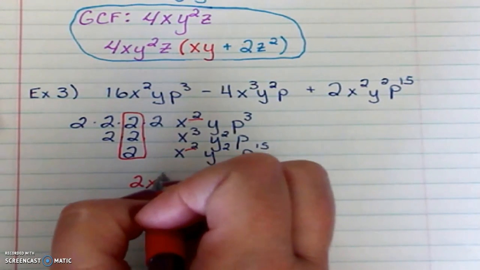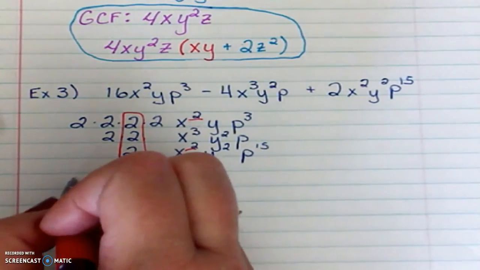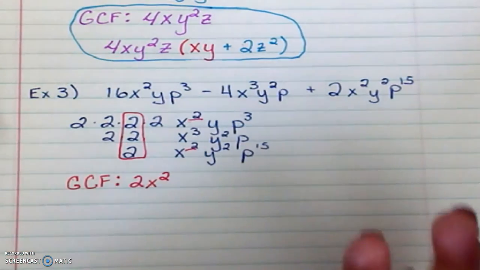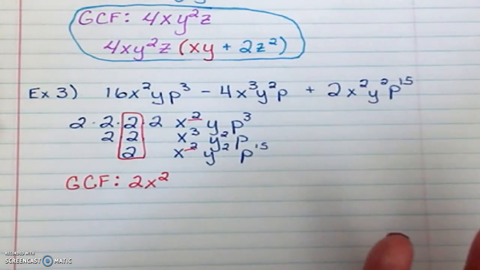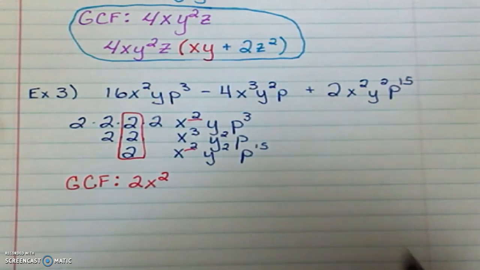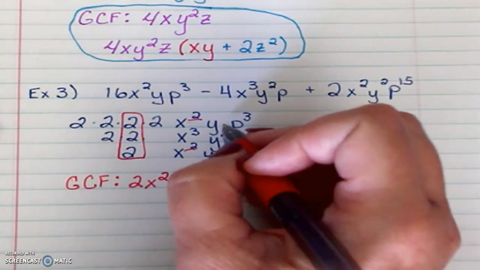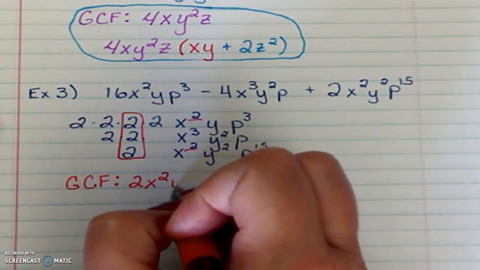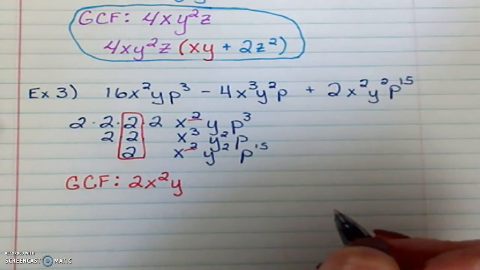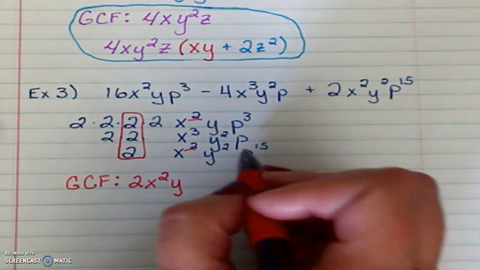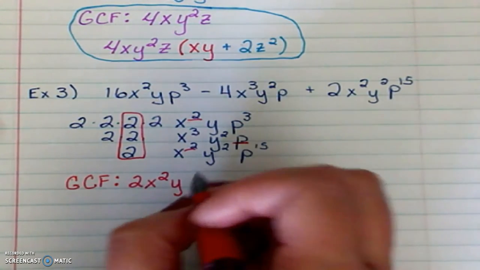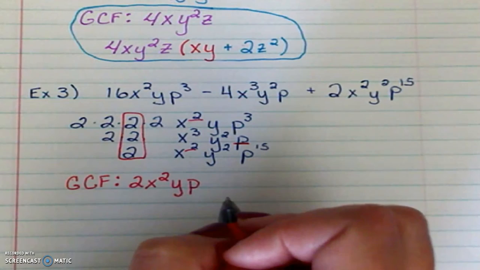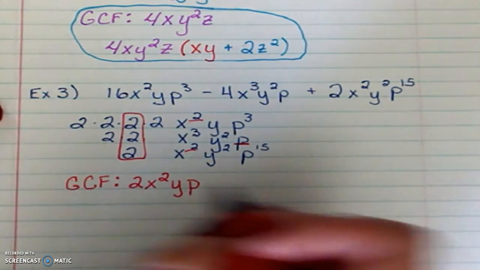So the greatest common factor is just going to involve an x squared then. The most you can take out of every single term means the smallest exponent. So if I look at the y values, I can only take out 1 y from this first term. So the greatest common factor is just y to the first. And if I look at p, I can only remove 1 p from the second term. So my greatest common factor is 2x squared yp.